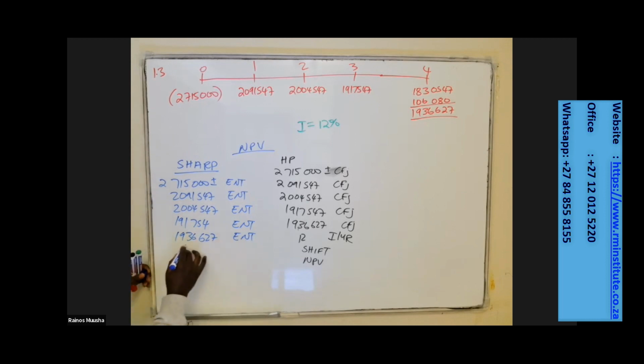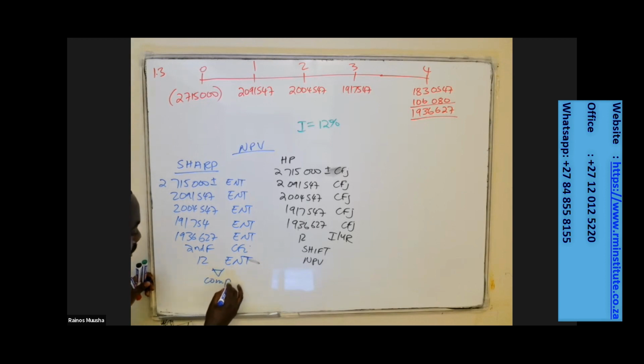Then after that, you're going to say second function, CFI 12, enter. You scroll down and then you compute. And this is how you're able to determine the net present value. And how much would you get as the net present value in this case?